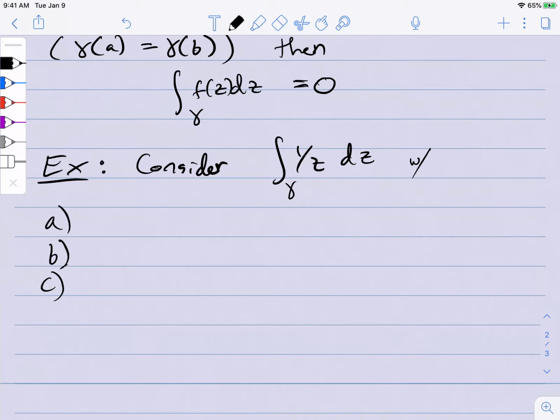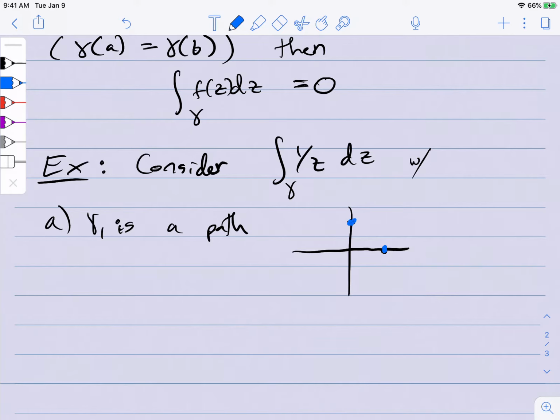So maybe I need more space. So gamma 1 is going to be a path, use colors, this path, which goes from 1 to i.